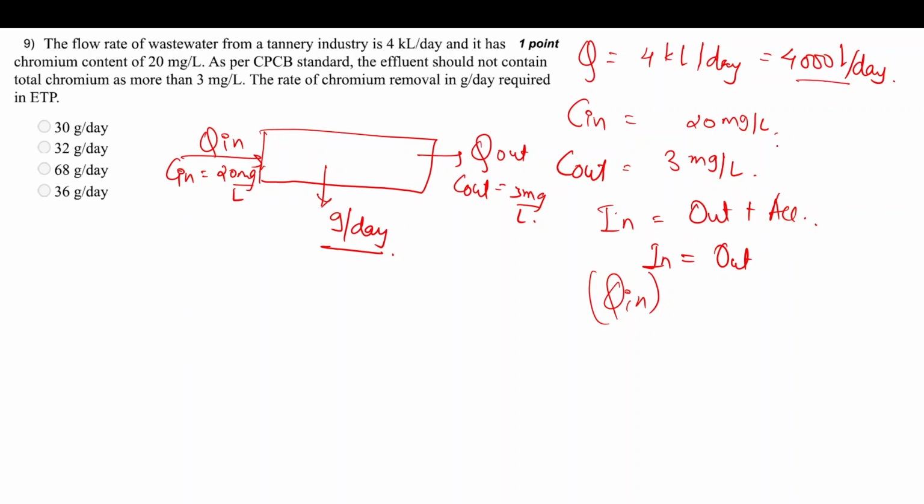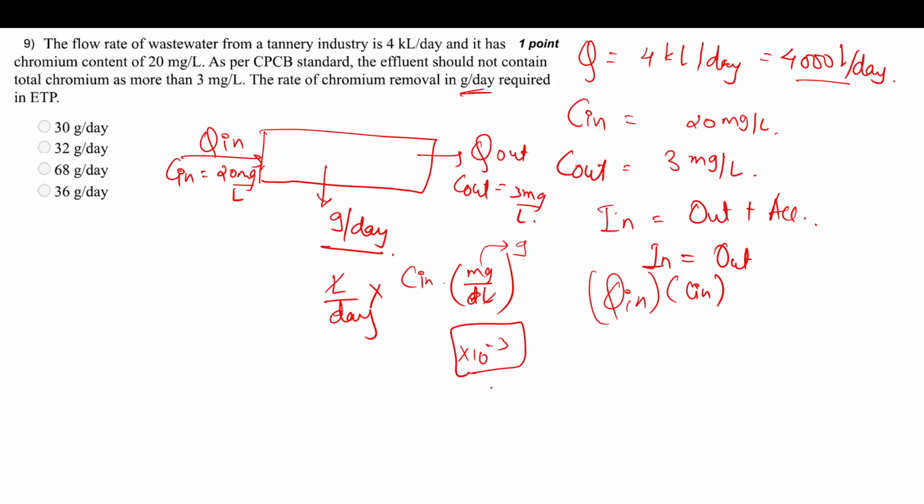The flow rate is in liters per day, and if you multiply it with concentration, which is in milligrams per liter, what will remain? It will be milligrams per day, so Q in times C in. Now you do not want milligrams, you want the final answer in grams, so convert milligrams into grams by multiplying with a factor of 10 to the power minus 3. This is the conversion from milligram to gram.